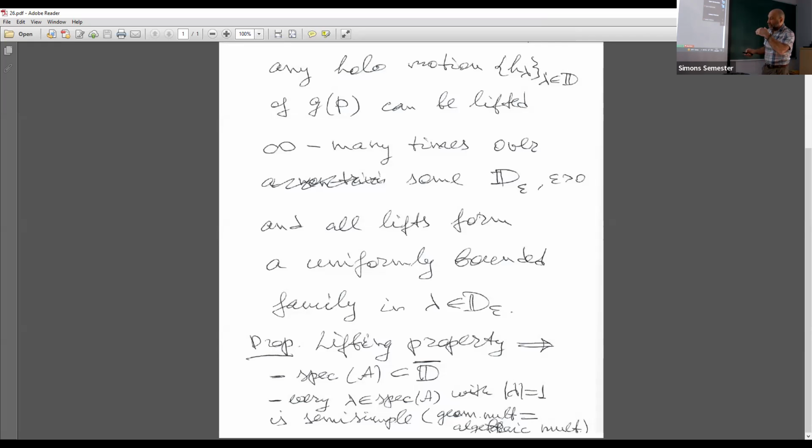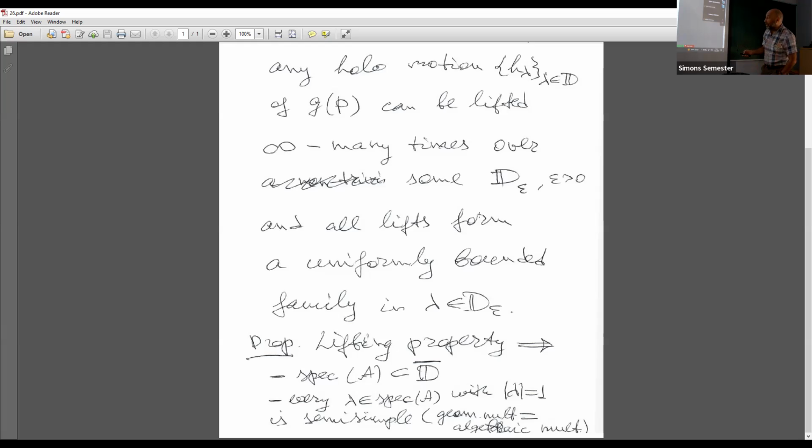Then the speed of the lift is lambda squared by this vector, if lambda is an eigenvalue. So the speeds tend to infinity when you consider infinitely many lifts.